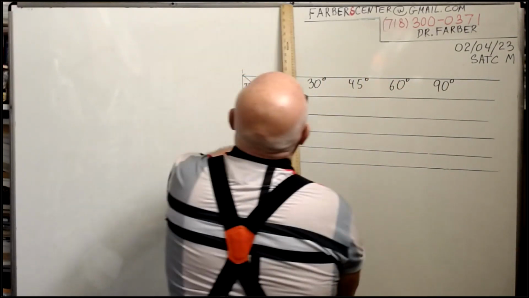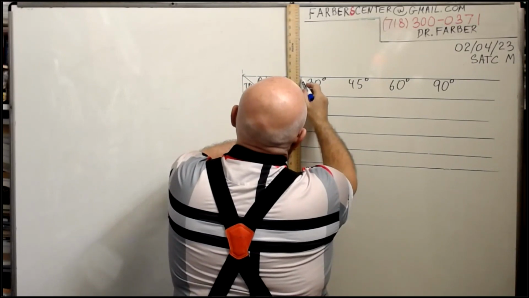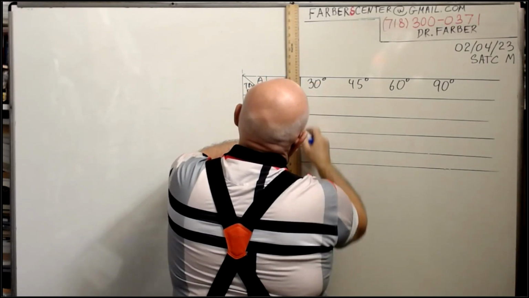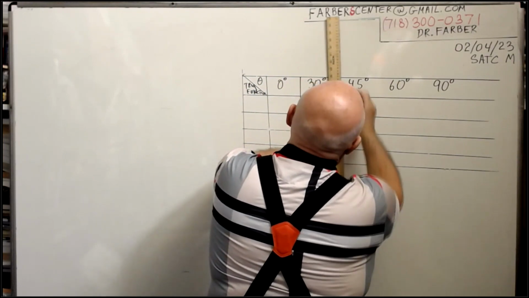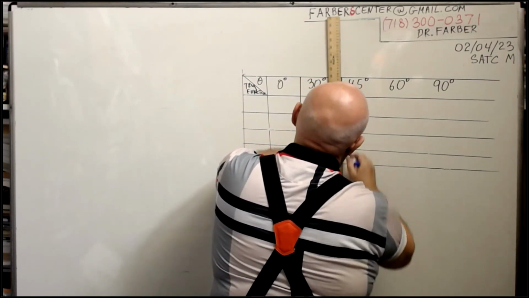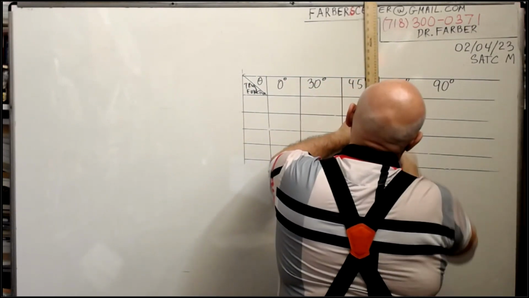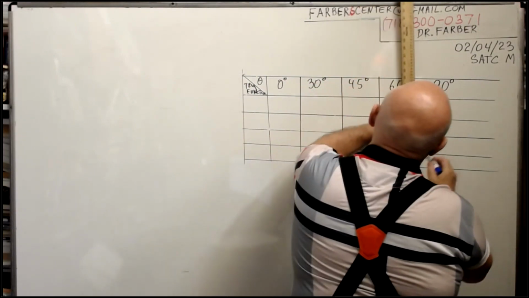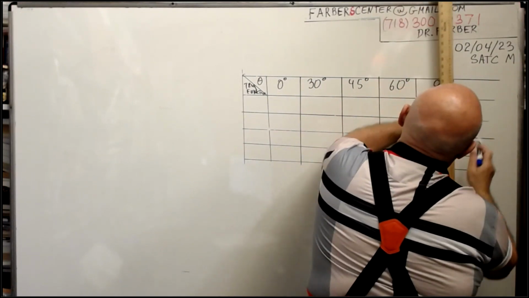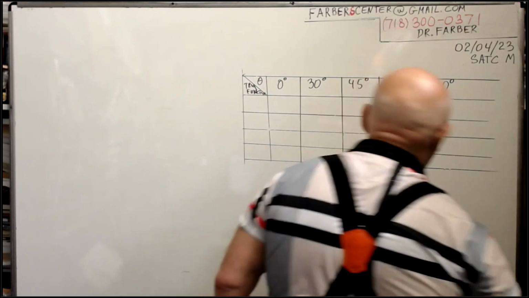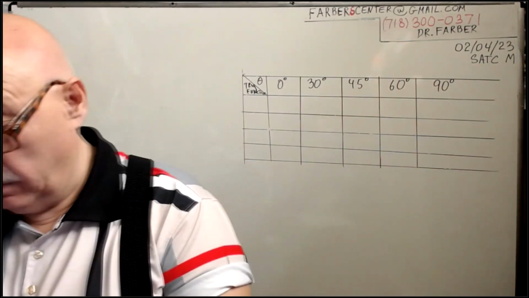And I put here some vertical lines. We can use degrees and radians. For radians, I use a different color, for instance this one, green.